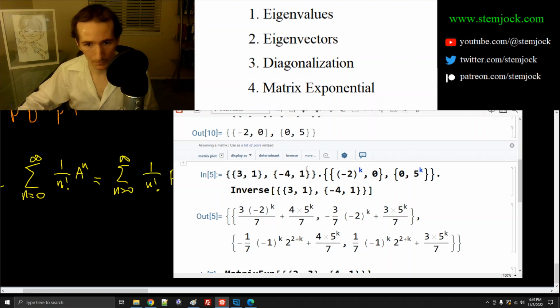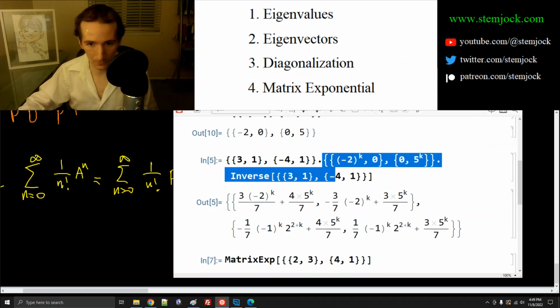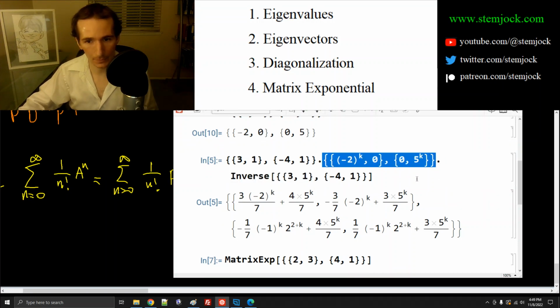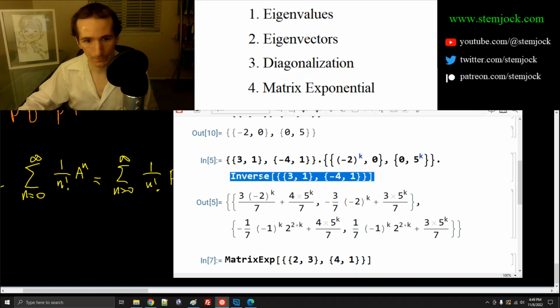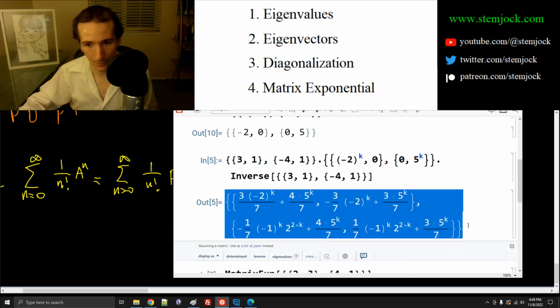I have P, 3, 1, negative 4, 1, and this here is going to be my matrix D to the power of k, and this here is going to be P inverse. If I multiply all of that out, I get this matrix here.